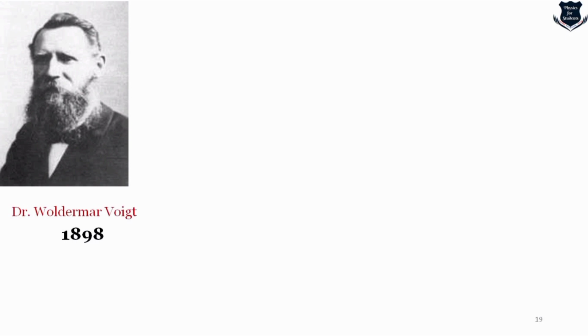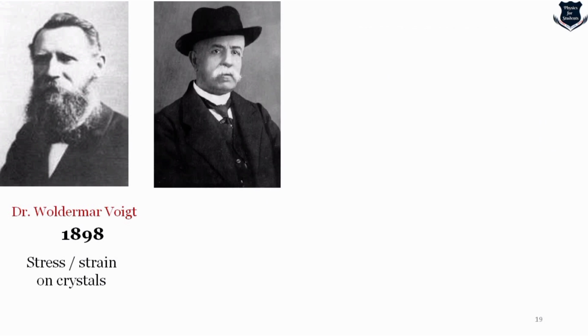In 1898, Dr. Woldemar Voigt used tensors to describe stress and strain on crystals, and the term tensor first appeared with its modern physical meaning here. In geometry, Gregorio Ricci used tensors in the late 1800s, and in 1901 there was a paper with Levi-Civita.